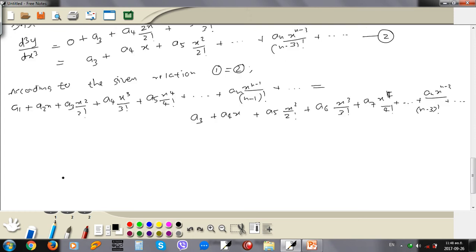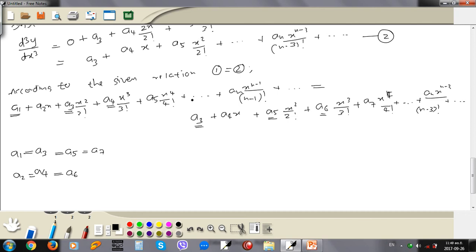By comparing left and right hand sides, you can see that a1 equals a3, a2 equals a4, then a3 equals a5, a4 equals a6, then a5 equals a7.